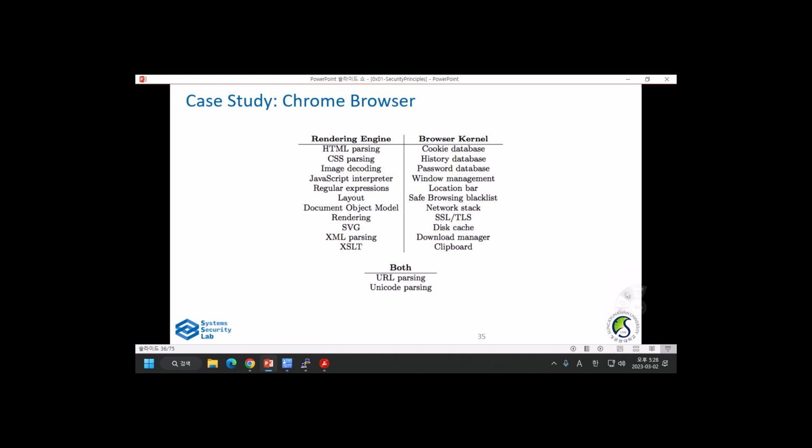According to the paper, all these components are split into different sandboxes, and each sandbox only does one thing. So the HTML parser should only access HTML objects, and the CSS parser should only do its job, and everything else is just completely separated into sandboxes.